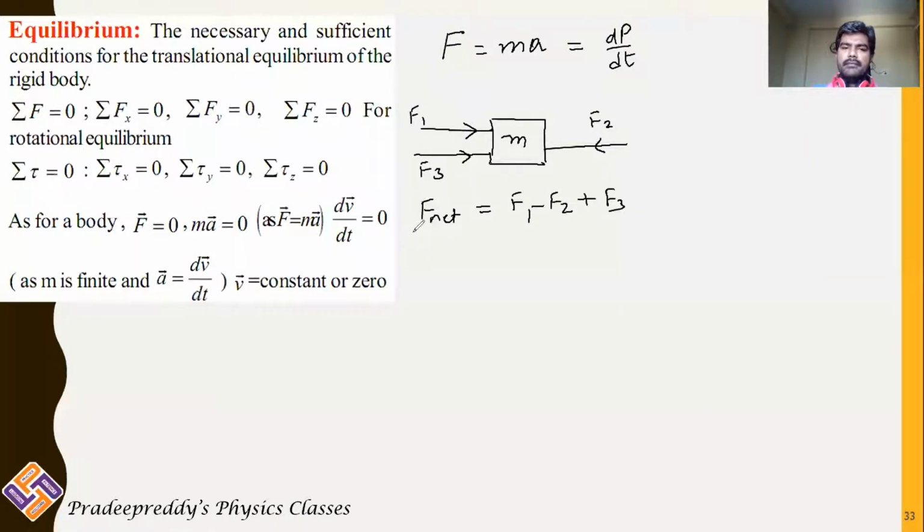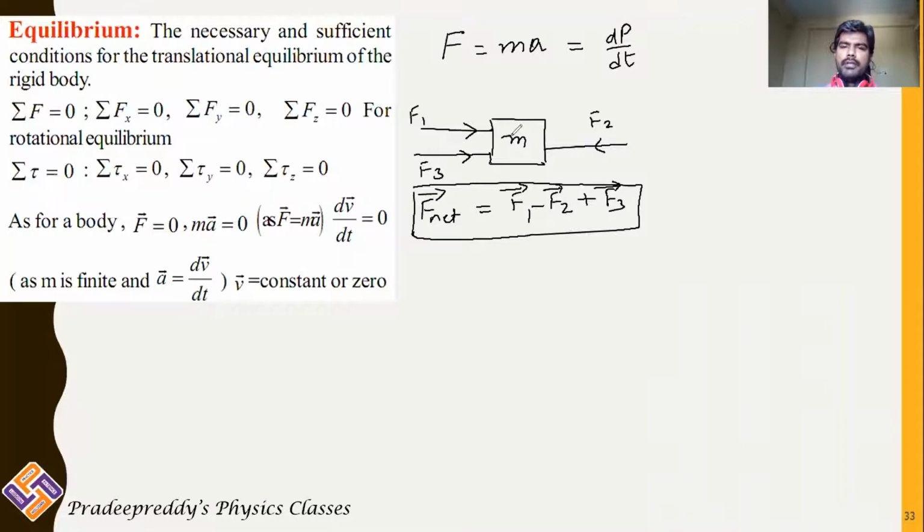This is F net, the force acting on the particle. As many forces may be there on the particle, in order to find out the net force, you simply sum up all those vector quantities. So you will be getting this as vectors. And the final resultant F net can be positive or negative.